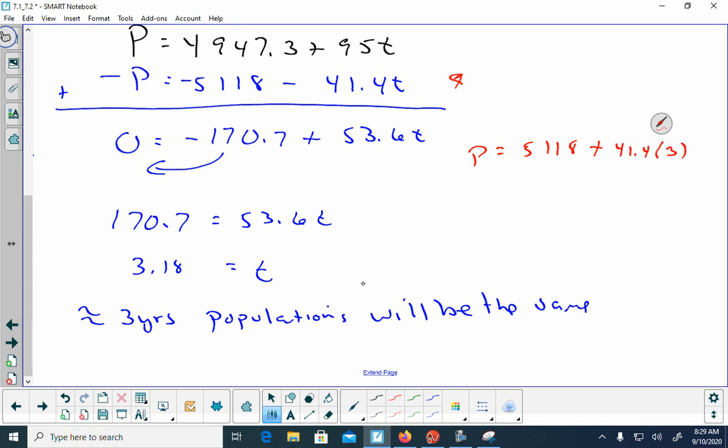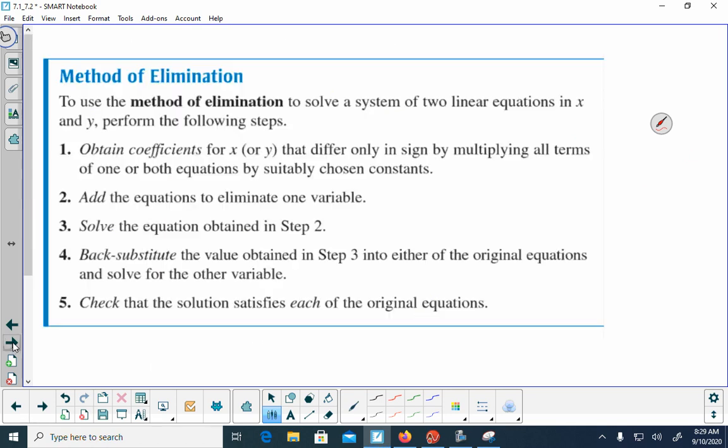And I'm just going to use the 3 because this is going to be an estimation because I rounded it to 3 years. And I'm going to have a population of approximately 5,242 people. Again, that's approximate because you can't have a 0.4 person, but it's going to take a little over 3 years for those two cities to have the same population.